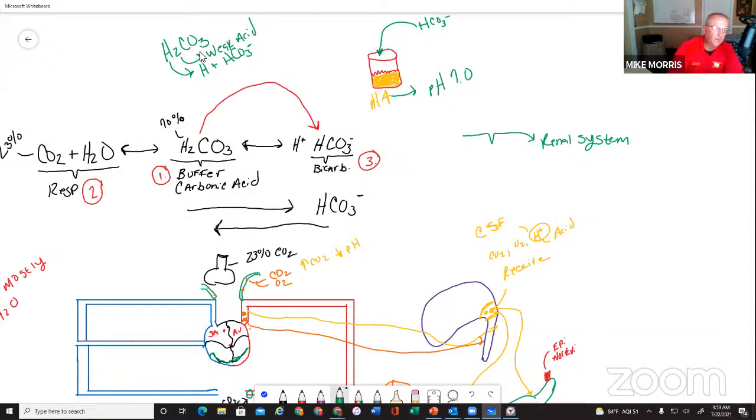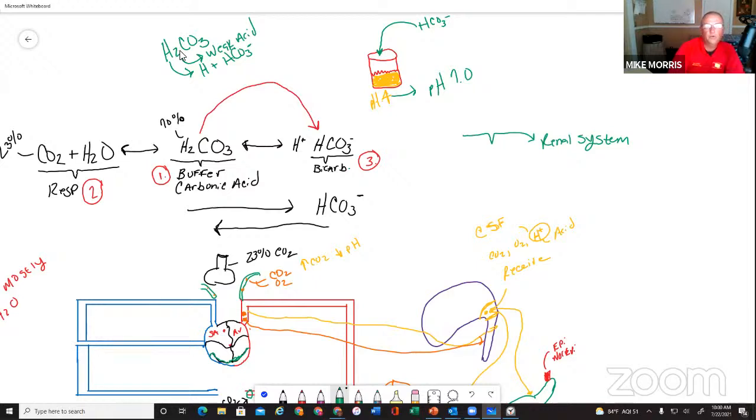H2CO3 is reversible. It can be a base or it can be an acid, depending on how you want it to be. It's a key that will start 2 different cars. That's basically what it is. It can be what you want it to be when you want it to be. If we're too acidic, it can become bicarbonate.